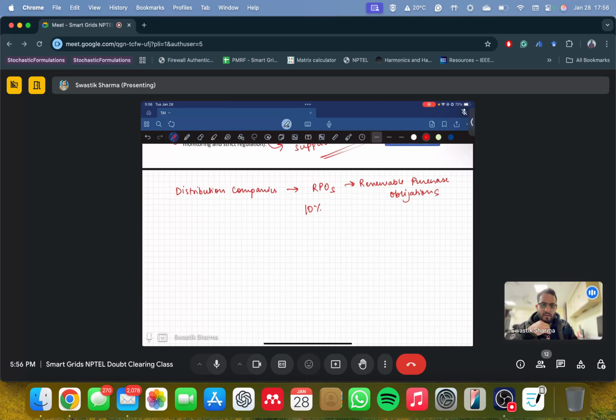So let's say I'm talking about Kanpur and my discom is KESCO, Kanpur Electricity Supply Company. The government has said, okay, 10% of all the power you distribute in your jurisdiction, you have to take from renewable energy. This they have to meet irrespective of whatever power purchase agreements they have. So this they have to manage.